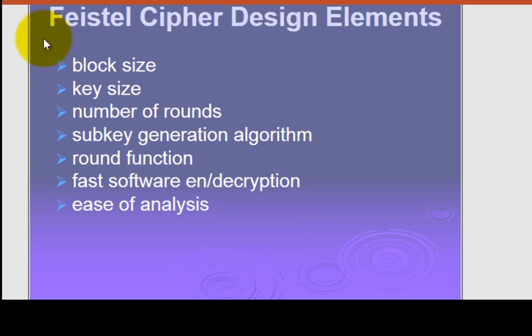Now let us see the Feistel cipher design elements. What are the things you use in the design of the Feistel cipher? The block size is usually 64 bits, 128 bits, or even 256 bits. If you increase the block size, the complexity becomes bigger, but the cipher performance gets lower.